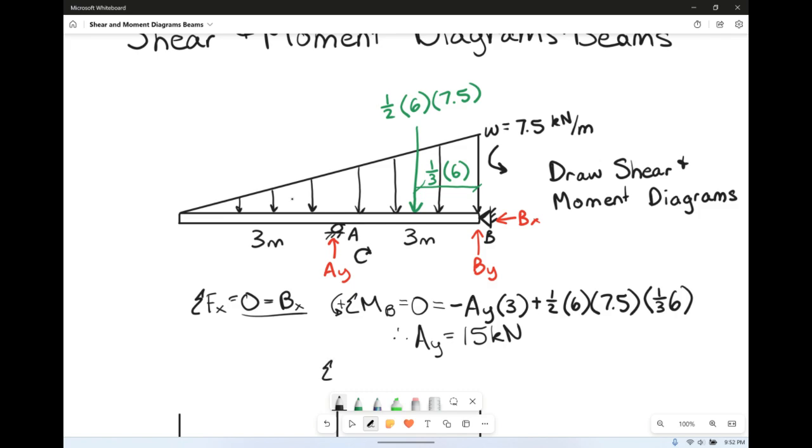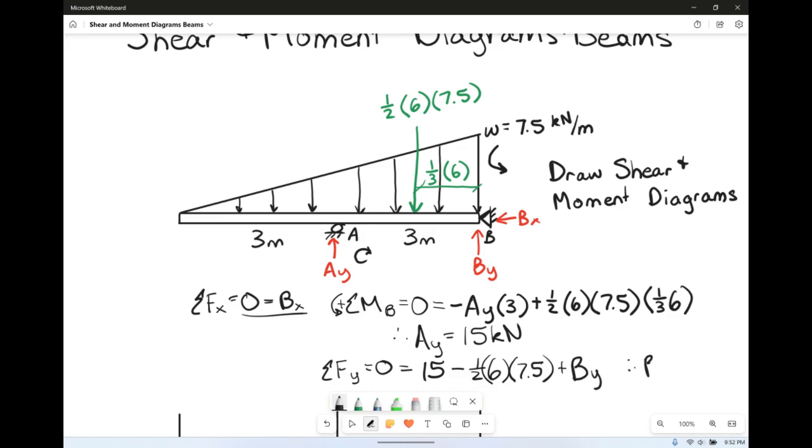And lastly, if we sum the forces in the y direction and set it equal to 0, we have AY going up, minus this resultant force, which is 1/2 the base of 6 times the height of 7.5, plus BY also.